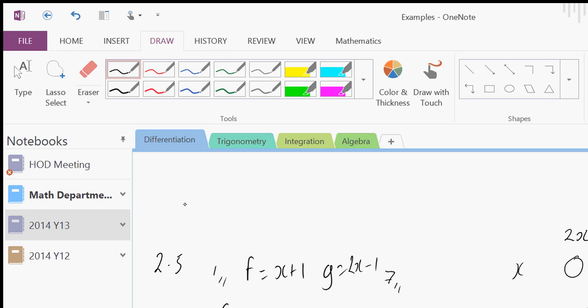So all it's saying is put 3 into g first, so it just wants g of 3, and get out a number. So that just means 2 times 3 minus 1, which is just 5. Then put that number in for f. So you want 5 into the f. So this is just, wherever you see the x, you stick the 5. 5 plus 1, 6. Right.